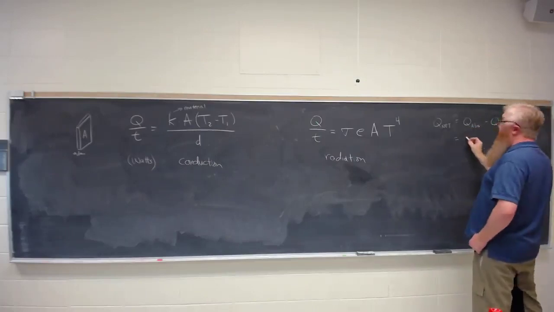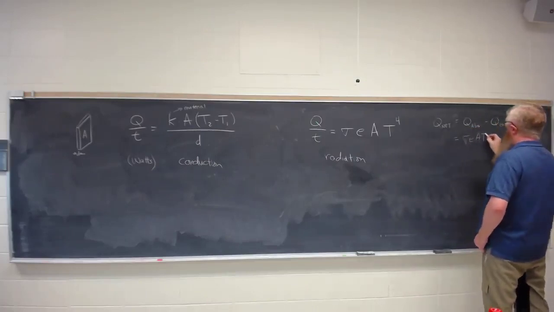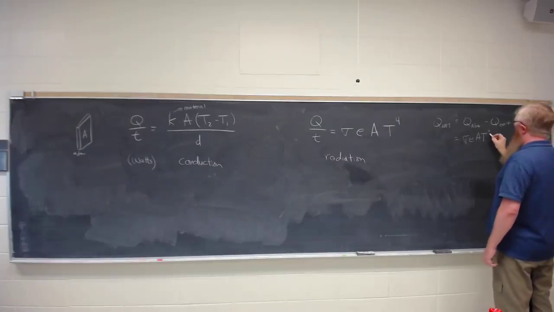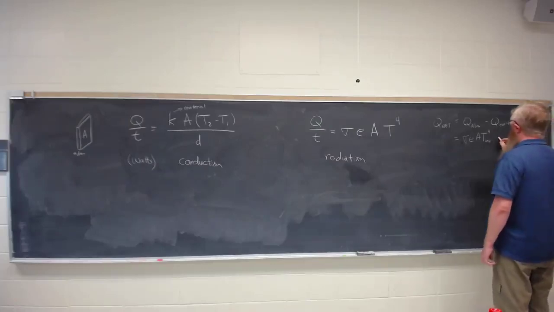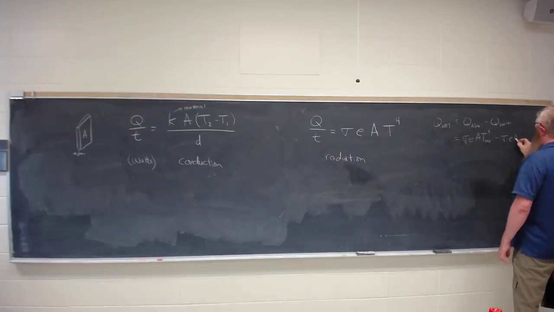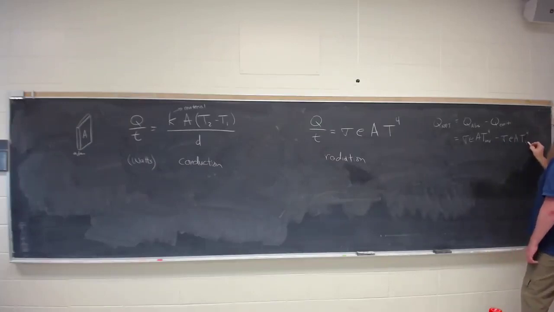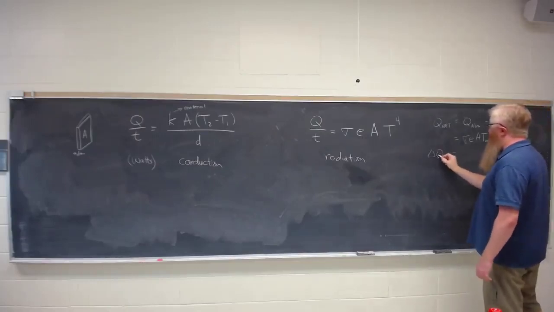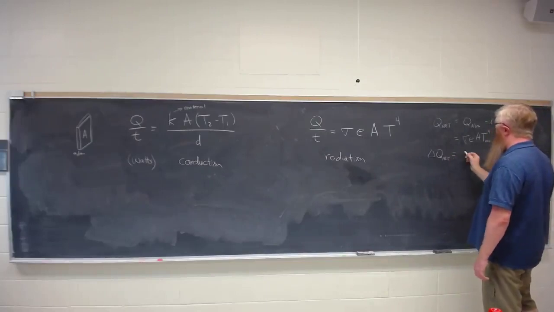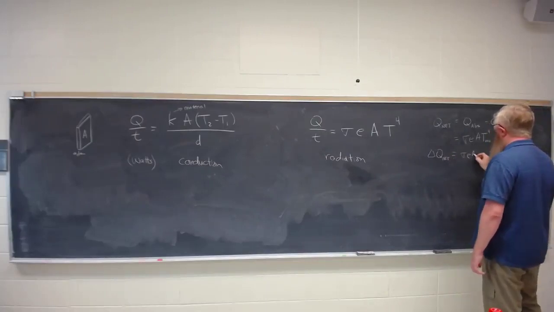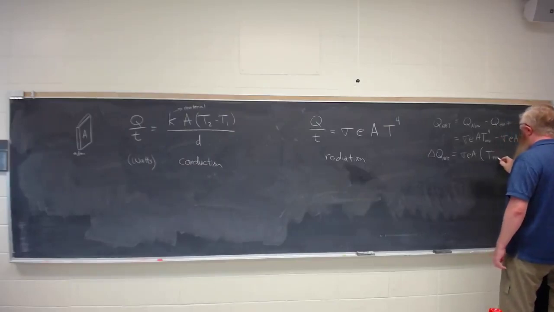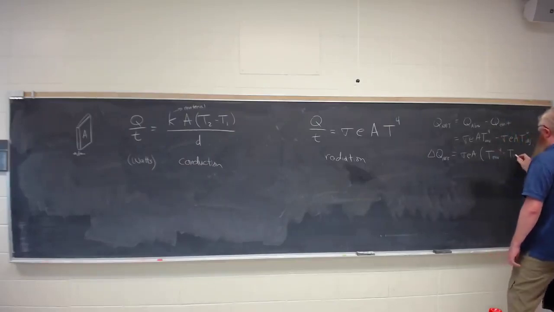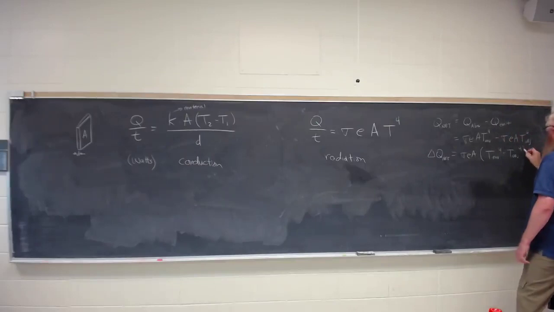And Q absorbed would be sigma E A T to the 4th of the environment minus sigma E A T to the 4th of the object, in joules. And then you can pull out, so delta Q or Q net would be sigma E A, and then it's T environment to the 4th minus T object to the 4th, because you just algebraically pull out those things beforehand.